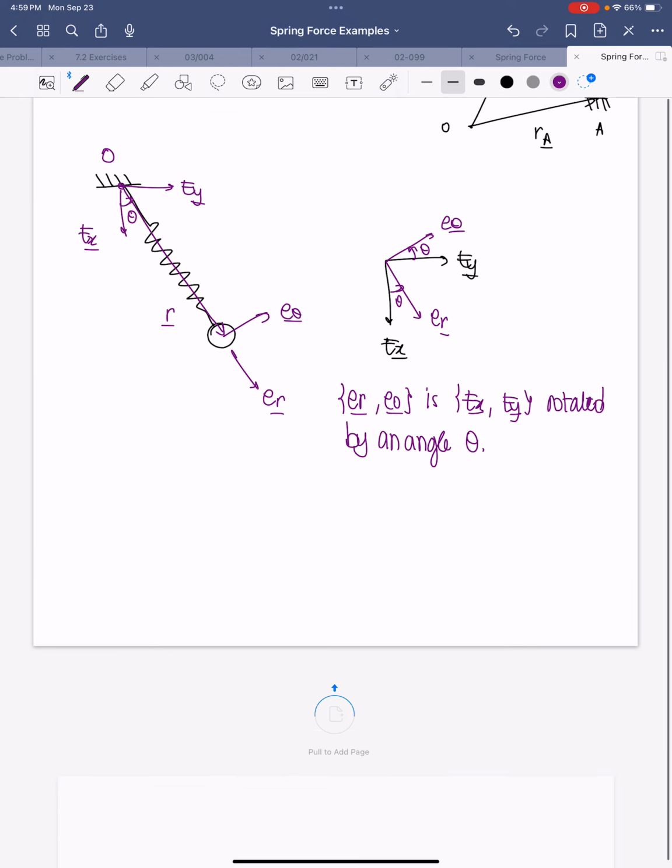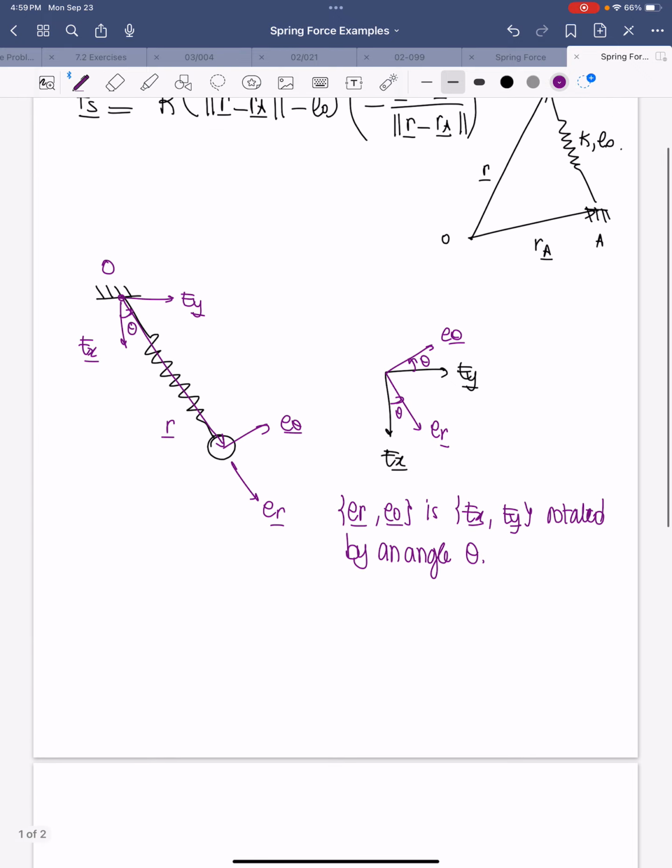So as the pendulum moves, E_r and E_theta change.